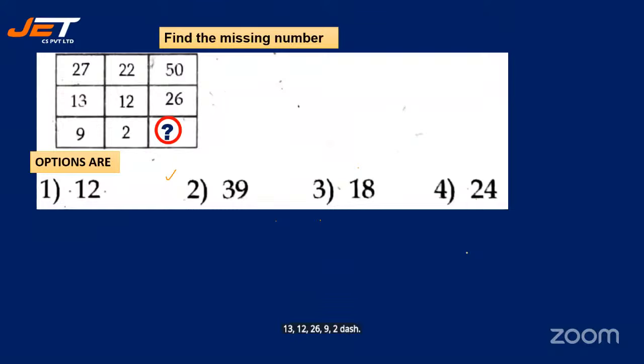When any Sudoku kind of sum comes, what do we do? We first add up everything, isn't it? So just try to add up 27 plus 22 plus 1.